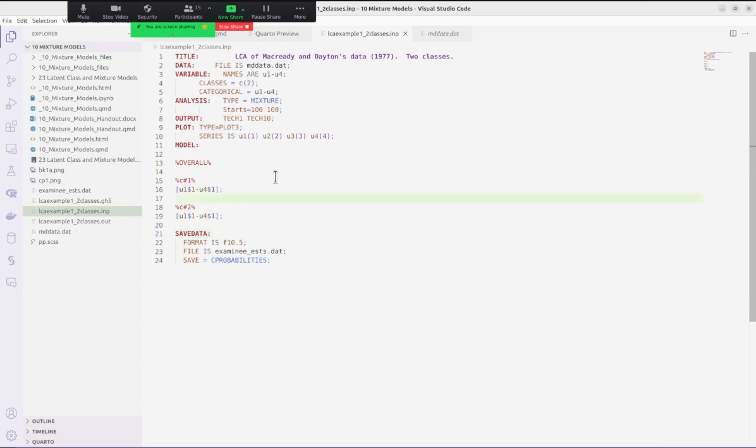No, so in this case, the C probabilities, the probability each person is within each class, is actually estimated throughout the algorithm itself. And there are multiple versions of the algorithm. In the EM algorithm, that's what happens. And M+ actually uses EM, quasi-Newton, and Fisher scoring.